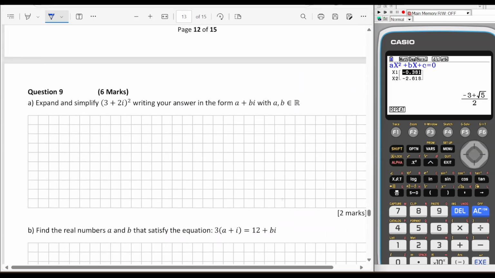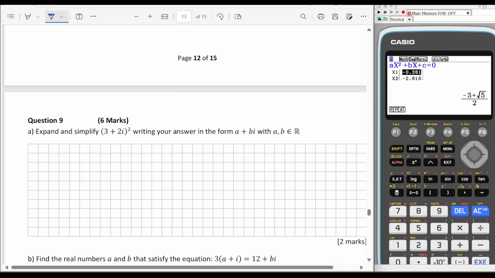Excellent. Expand and simplify. 3 plus 2i squared. 3 plus 2i squared equals. Now, there's two ways you can do this. You can write it as 3 plus 2i times 3 plus 2i, and you can FOIL it out. Or if you're confident with your expansion rules, you might remember something like this. a plus b squared is a squared plus 2ab plus b squared. That means that this is 3 squared plus 2 lots of 3 and 2i, plus 2i squared.